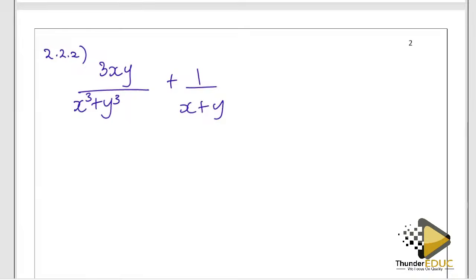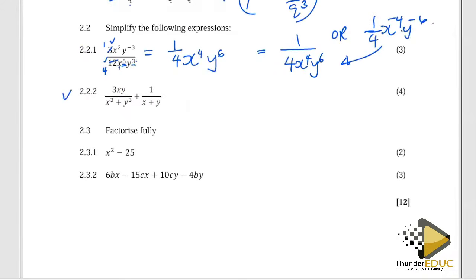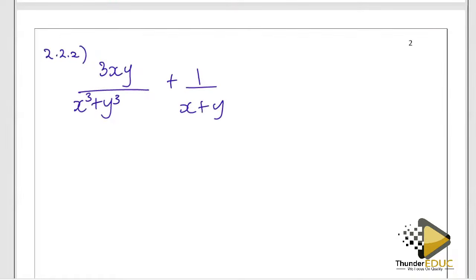This is more like an algebraic fraction. When you're dealing with algebraic fractions in grade 10, the main point is that we want to test how you simplify your fractions, especially if you have addition, subtraction, division, multiplication. And then the other technique that we want to test is factorization.